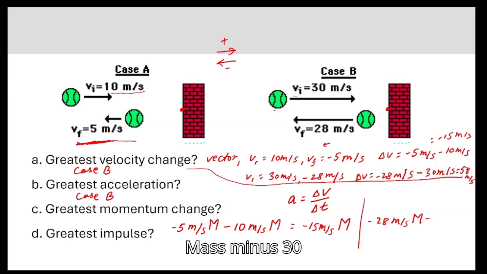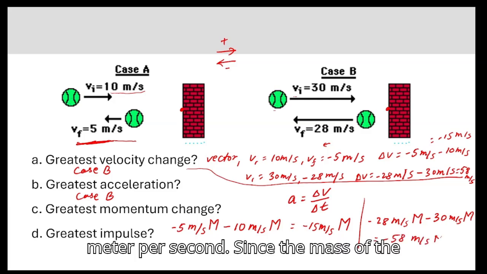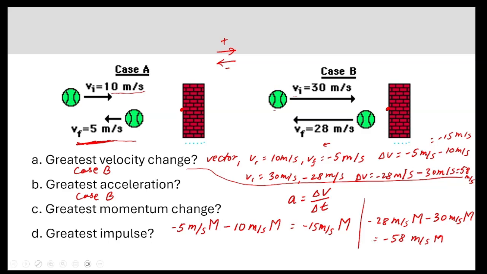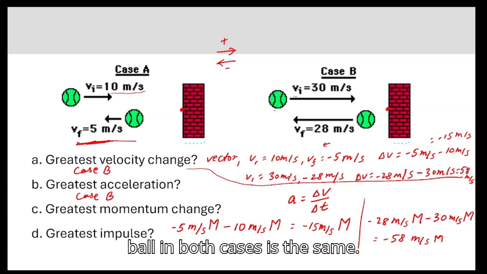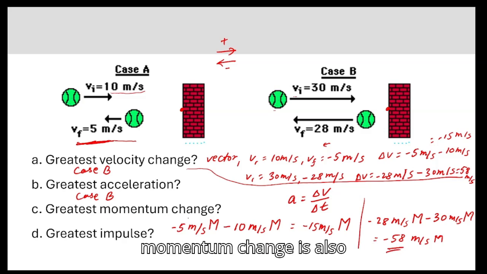Since the mass of the ball in both cases is the same, this is a bigger number, so the greatest momentum change is also case B.